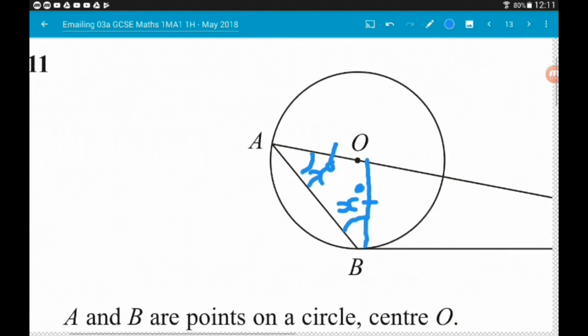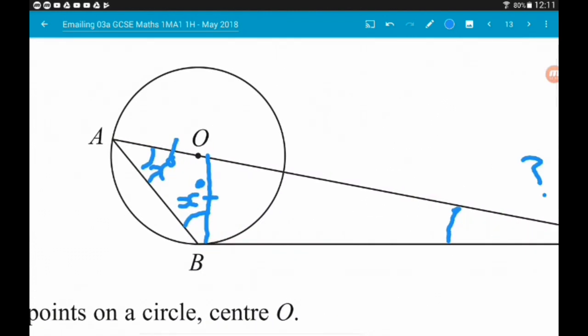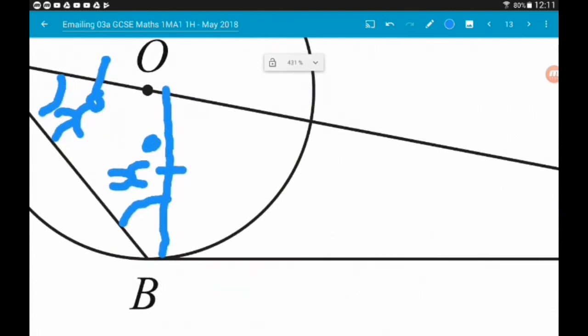The next step relies on a little bit of circle theorem knowledge. So again, this blue line here is a radius. This line at the bottom, BC, is a tangent.